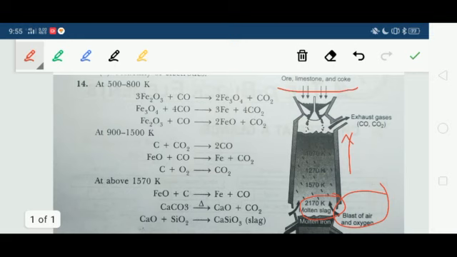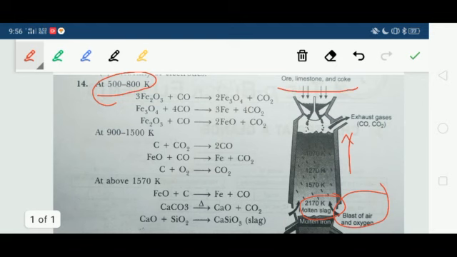Now ore is introduced from the top, that means iron oxides, which can be ferric oxide, and they have to pass through these different layers in the furnace which have different temperature ranges. So the reduction of these oxides takes place at different temperatures, and let us discuss them one by one. At the temperature range of 500 to 800 Kelvin, the ferric oxide is reduced by carbon monoxide to form ferroferric oxide, and this ferroferric oxide is further reduced to form iron.